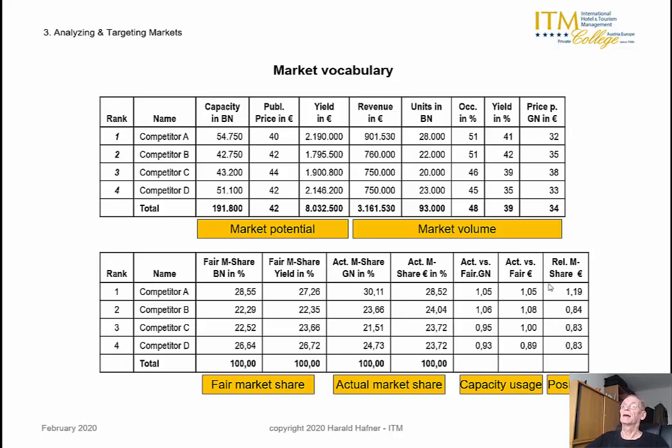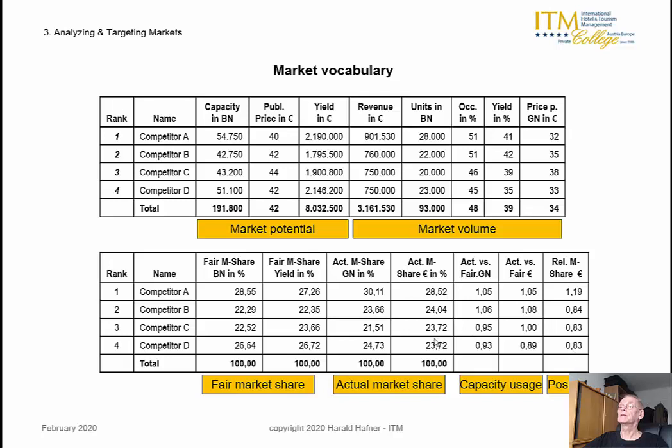So if we look at the largest competitor, which obviously, as you can see on the actual market share in euros, is competitor A, if we divide the actual market share euro of 28.52 by competitor B, which is the largest competitor of competitor A, we arrive at 1.19.